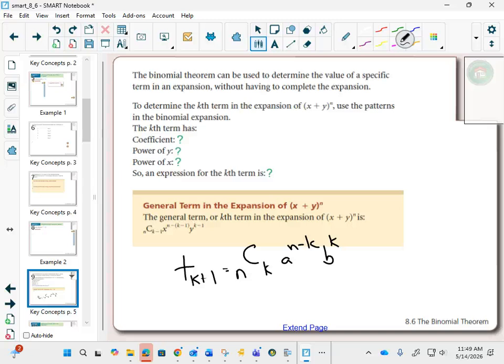So the textbook's formula, instead of having k's, they have k minus 1 here, which makes it k minus 1 choose k. It's more awkward. So it's easier if you write it for term k plus 1 rather than term k. And the textbook has it for x and y to the n. Your formula sheet has it for a plus b to the n. Both are exactly the same.